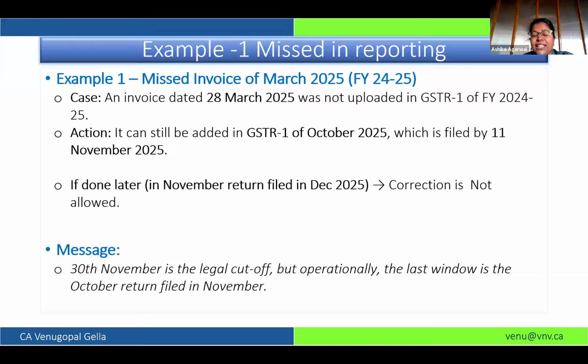If you don't make the correction in October 25, or you miss it, remember that if you miss it in GSTR-1, by way of 1A also you can't include this invoice of March 25. It needs to be included in GSTR-1 of October 25 only. This can't be changed by 1A either. So even after this, if you missed reporting in October 25, what is the option available?